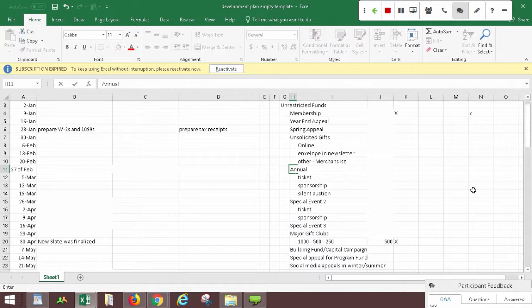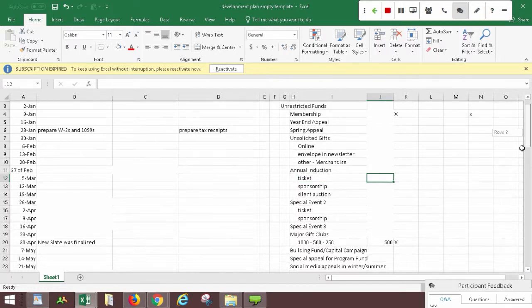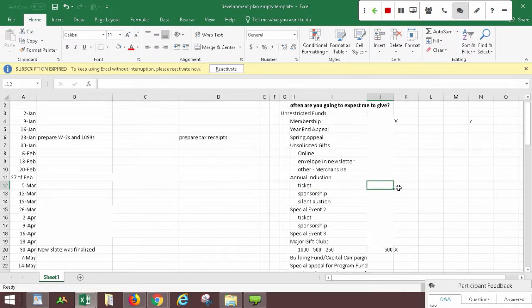Our biggest special event was the annual induction banquet, where new inductees were entered into the Hall of Fame, and you might be asked to buy. The expectation here was that unless you were out of town on spring break or at your daughter's wedding, you would at least be buying a couple of tickets, if not buying a table for this event.